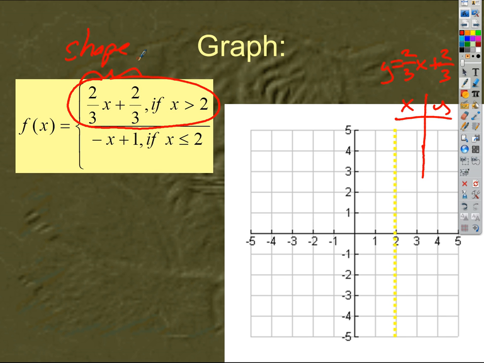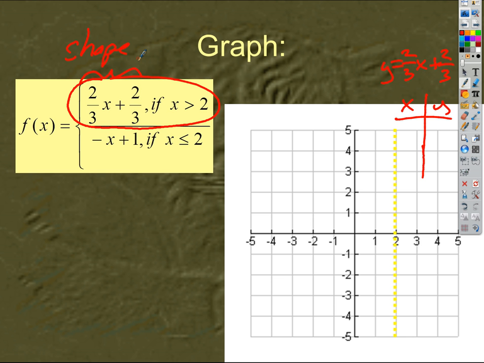But would we be restricted if we're just trying to get the shape of the extended line? Are we restricted to use only points to the right of the boundary? No, we really could use 2 points anywhere, but we're only gonna stick our pen on the paper when we pass through that breaking point. Does that make sense? Okay, so 2 would be fine. 2 is an okay point to use.